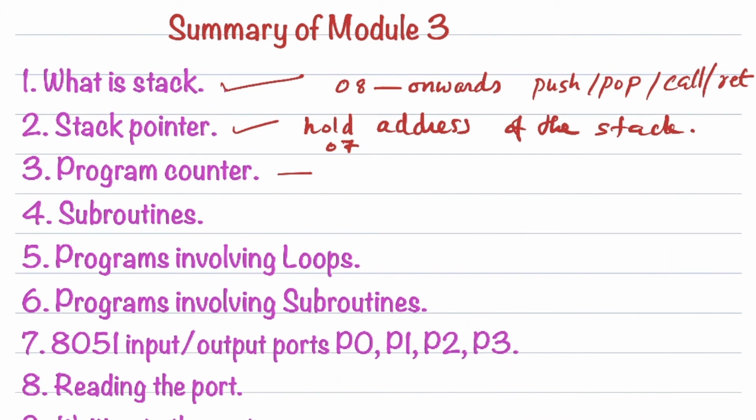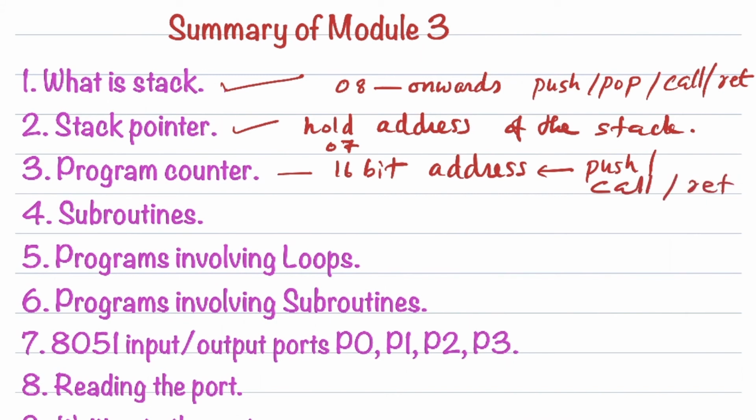The program counter holds a 16-bit address, and in any looping or jumping instructions, the content of the program counter gets changed. We have observed how exactly the program counter values change when we use push or pop instructions. Also we have seen how the program counter changes when calling a subroutine using the call instruction as well as the return instruction. So this is what we have seen about the program counter.